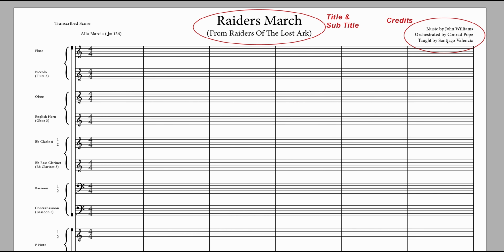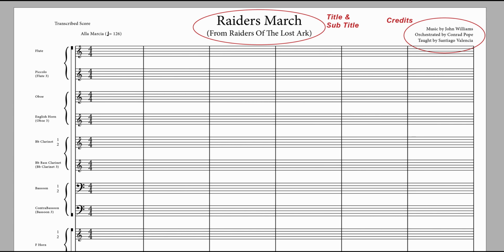You don't even have to put all this. You can literally just put John Williams or the name of the composer, and that is great. But you can go into more detail: music by, orchestrated by, arranged by, and as you'll see in the next two samples, there's some other information we can also put in there as well. So these are the credits on the top right-hand corner.